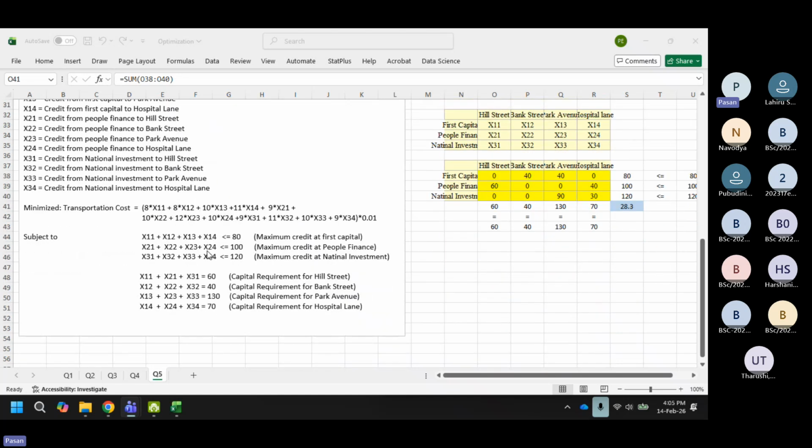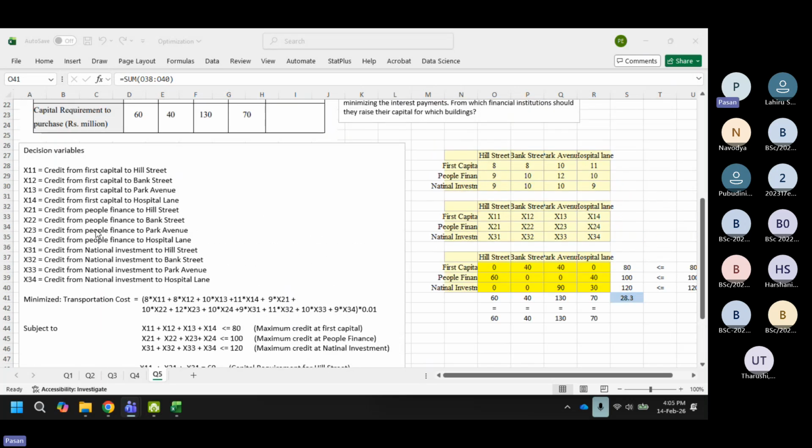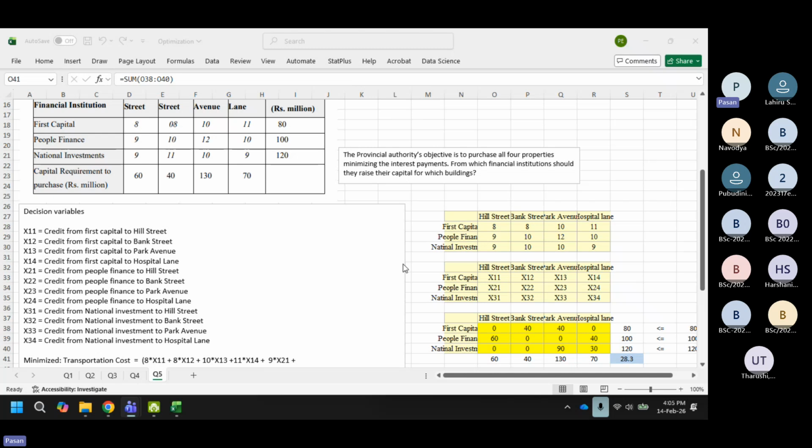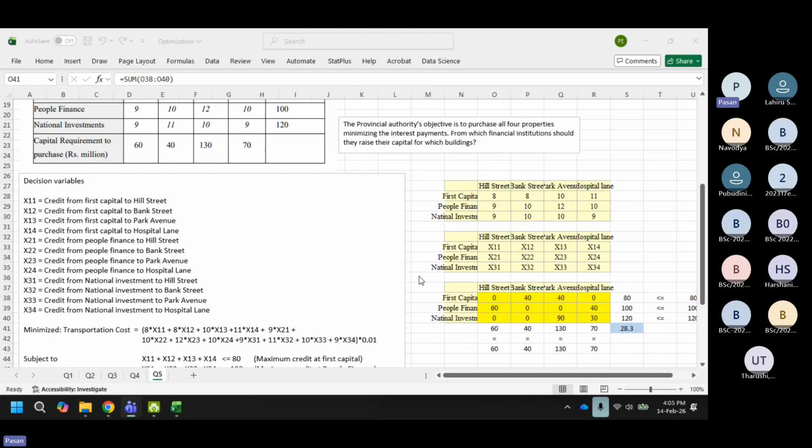So those are the restrictions that we have. And also all of these have to be integers. Now with that, I can draw the table like this here.